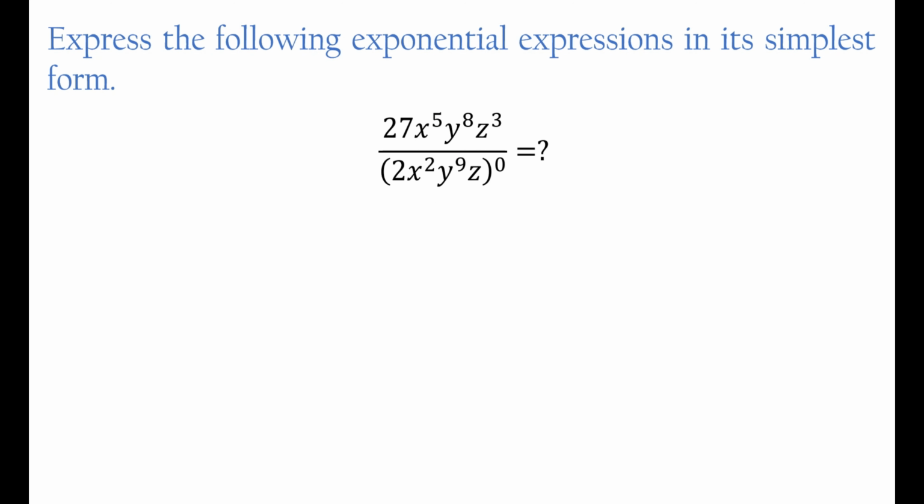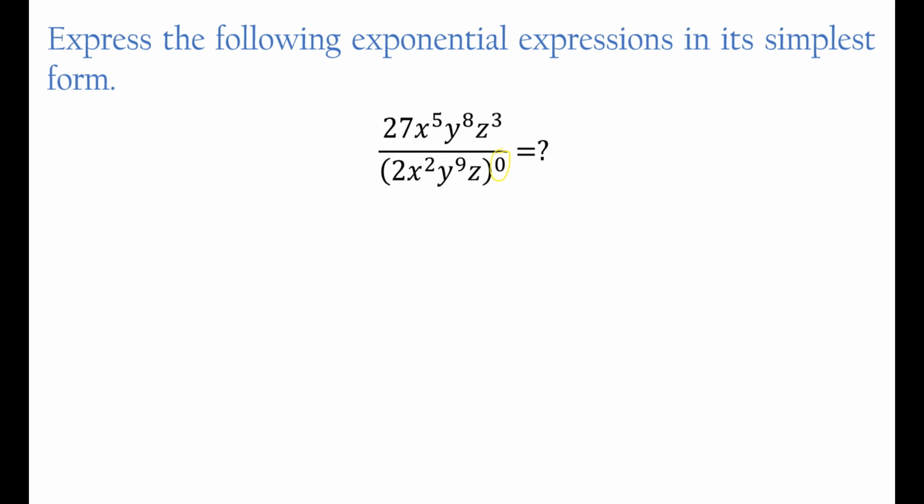Next example, 27x raised to 5, y raised to 8, z raised to 3 divided by the quantity of 2x squared, y raised to 9, z raised to 0. Notice that the whole denominator is raised to 0.